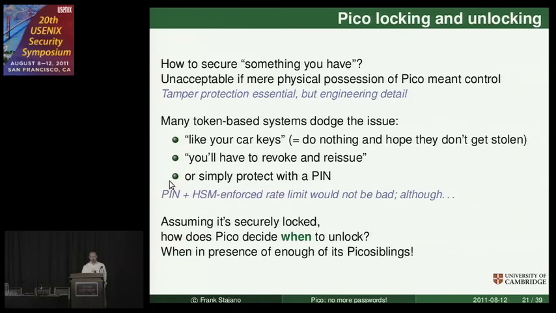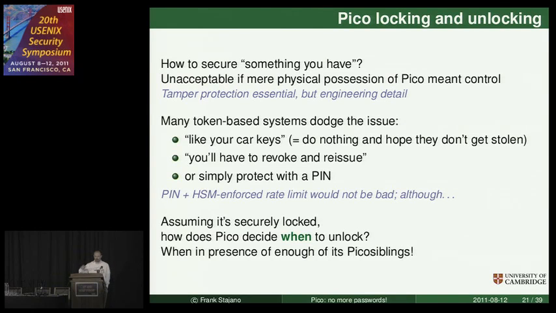Another common solution is to protect the token with a PIN, which of course reintroduces a number of the problems that we highlighted earlier. The PIN is not necessarily a bad solution. It does have its disadvantages, but it could be reasonable, especially if you manage to limit the rate at which one can try wrong pins.